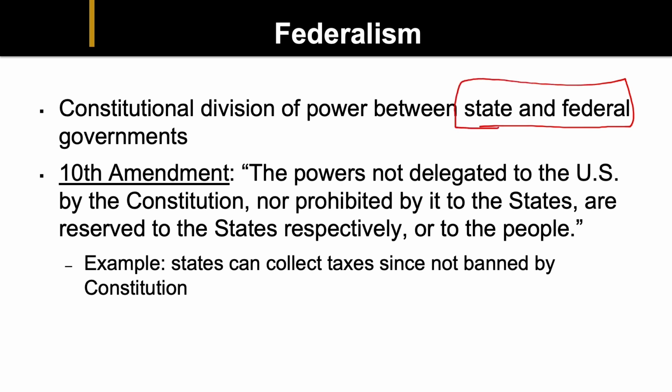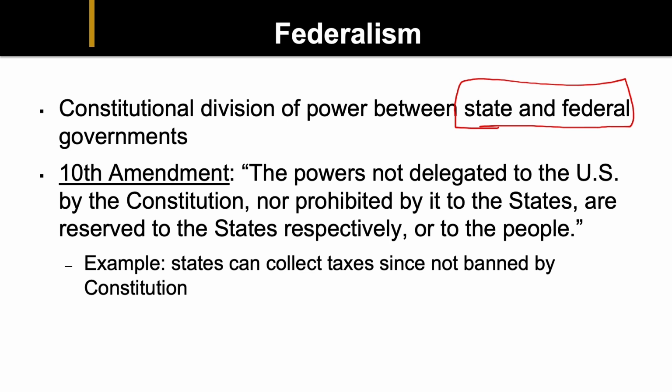The 10th Amendment says that the powers not delegated to the U.S. by the Constitution, nor prohibited by it to the states, are reserved to the states, respectively, or to the people.